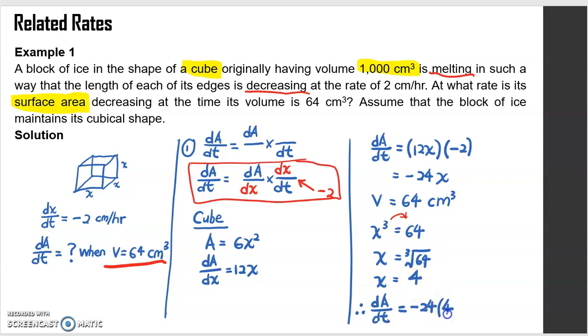Our x is 4, so 4 times negative 24 equals negative 96. Since this is area, the unit is cm squared per hour. So this is the answer.